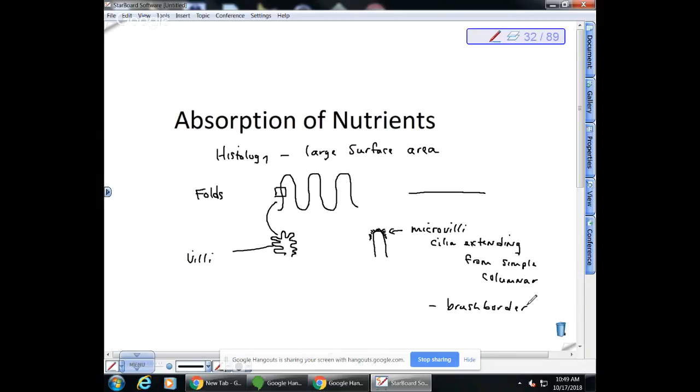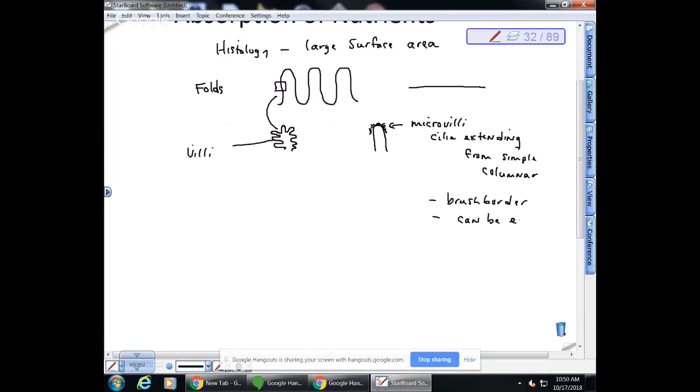And you hear it specifically because in the brush border, within those cytoplasmic extensions, we have enzymes. So there can be enzymes embedded in these cilia. So they're actually embedded in the plasma membrane of the cilia. And they are called brush border enzymes.